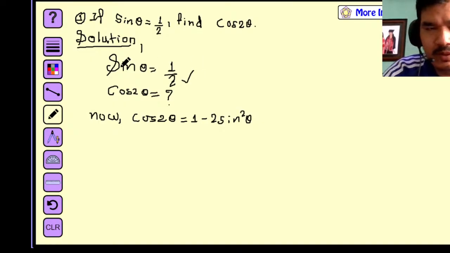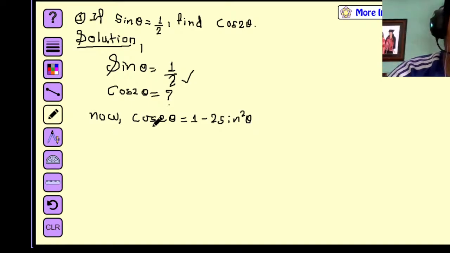Here the value of sine theta is given, so we use the formula of cos 2 theta in terms of sine theta, which is 1 minus 2 sine square theta. We derived this in previous videos and classes, so in any confusion you can see the derivation of this formula there.